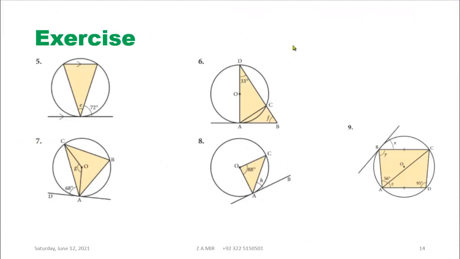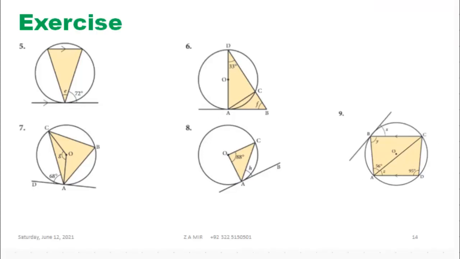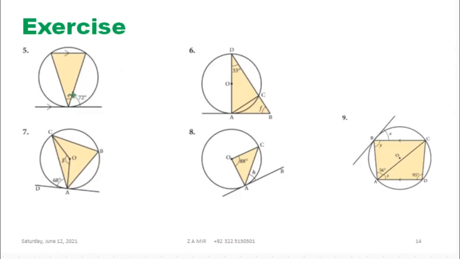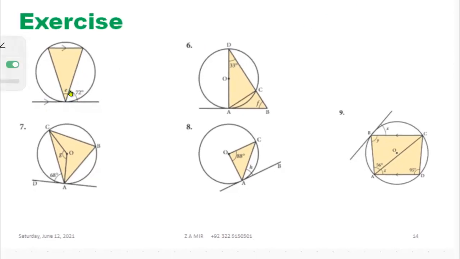Let's solve sheet number 2. In question number 5, this is the angle between the chord and the tangent.